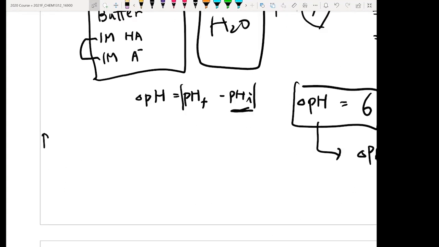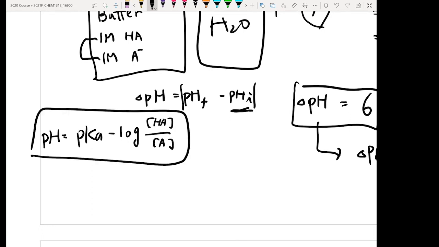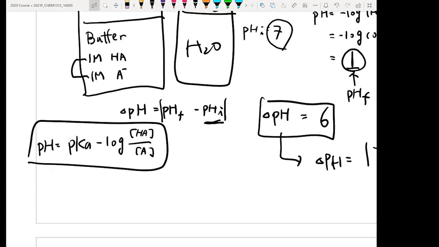HH equation. pH equals pKa minus log of acid concentration over base concentration. Every time you see a buffer solution, go to the HH equation. Let's say we have acetic acid. The Ka is going to equal 1.77 times 10 to the negative 4.